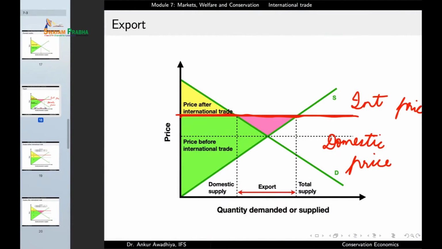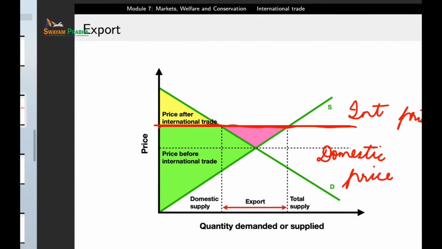Now, if I can sell this pen in my country for 10 rupees, and I can sell the same pen in the international market for 15 rupees, and I am a manufacturer, I will prefer to sell it for 15 rupees, because my profit will be more. If the people in the domestic market want to purchase this good, they will also have to pay 15 rupees. Otherwise, I will not sell it to them, I will sell it in the international market. So, which is why the international price becomes important, because once you open the economy, the international price will be the price that you will have even domestically.